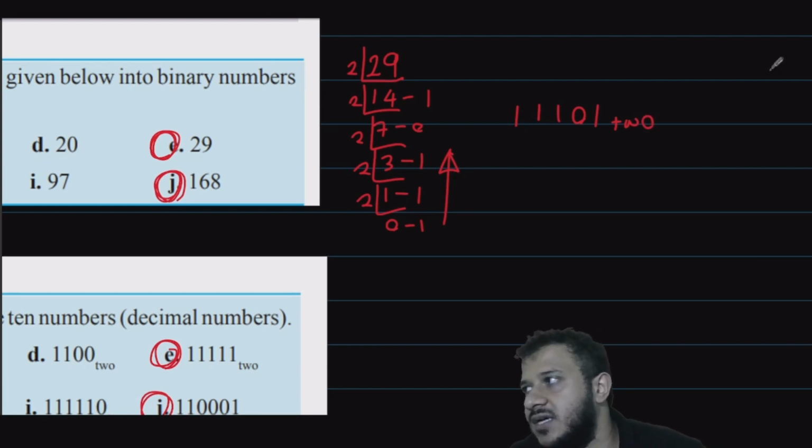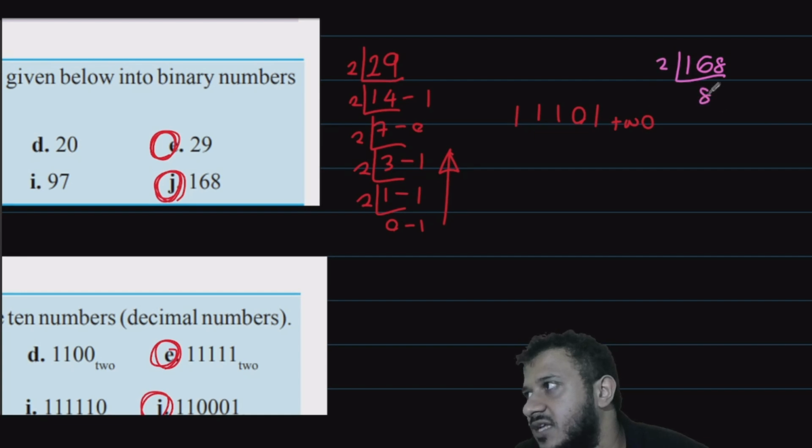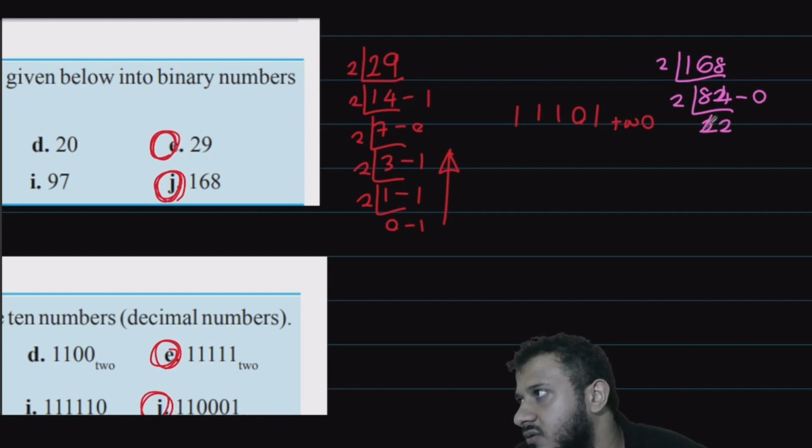Next one, 168. You can divide it by 2. That's 84, remainder 0. Divided by 2, that's 42, remainder 0. Divided by 2, 21, remainder 0. Divided by 2, that's a 10, remainder 1.